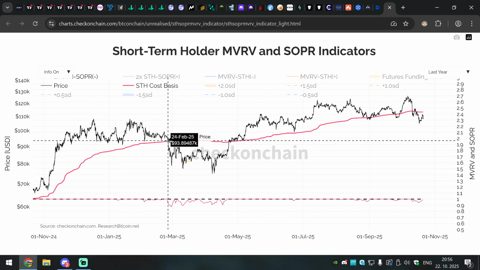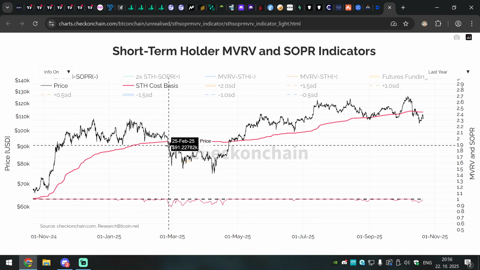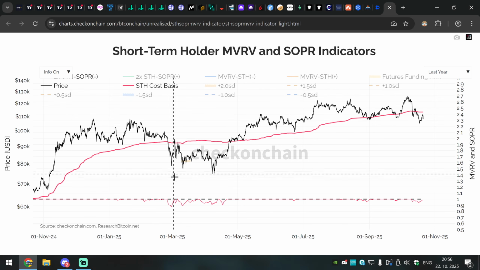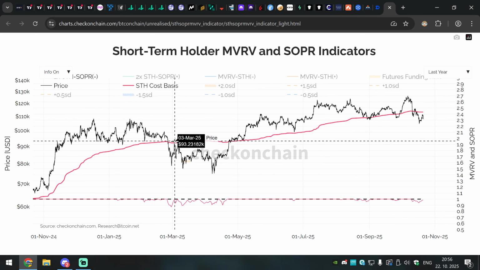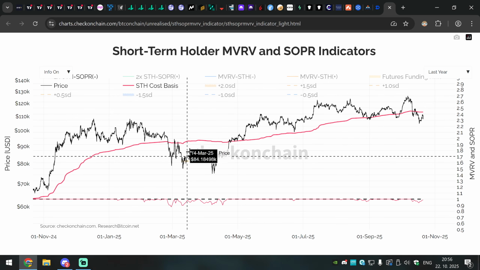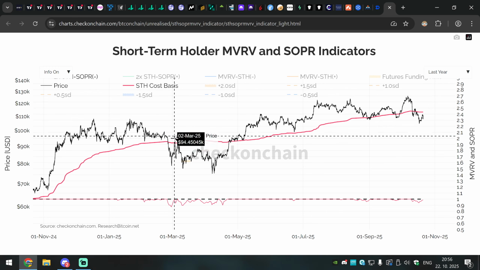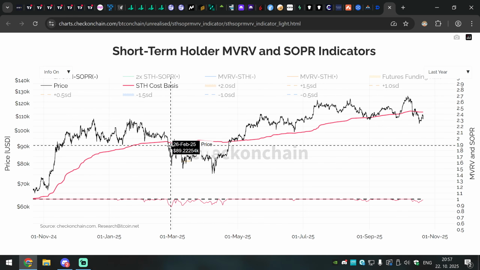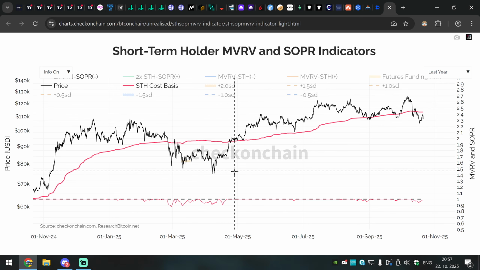Now what is problematic is when we lose this line. Same like in the tariff drops in March and April, we lost it very clearly here. And you see we even retested it, but then we started creating a new medium time frame range and rejecting from that point. And then there was more market distress, more sell-off. You can monitor fear in the market with this, because when you trade below, there is fear.